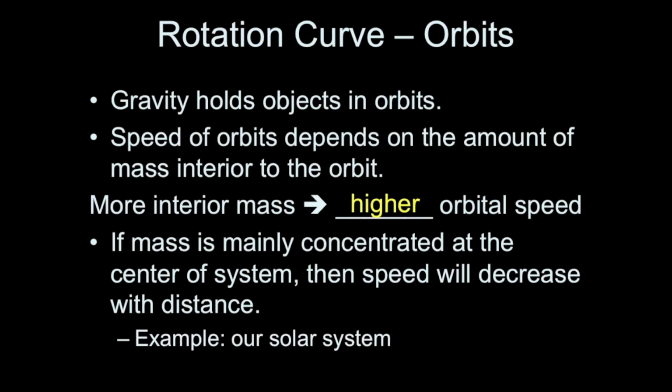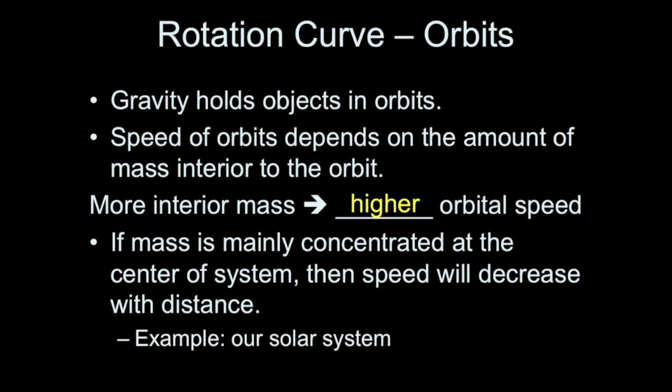Now, if the mass is mainly concentrated at the center of the system, then the speed will decrease with distance. You'll have most of the mass concentrated in the center, for example, the sun at the center of our solar system. And as you get further away, the things that are orbiting have basically a constant amount of mass inside their orbit.